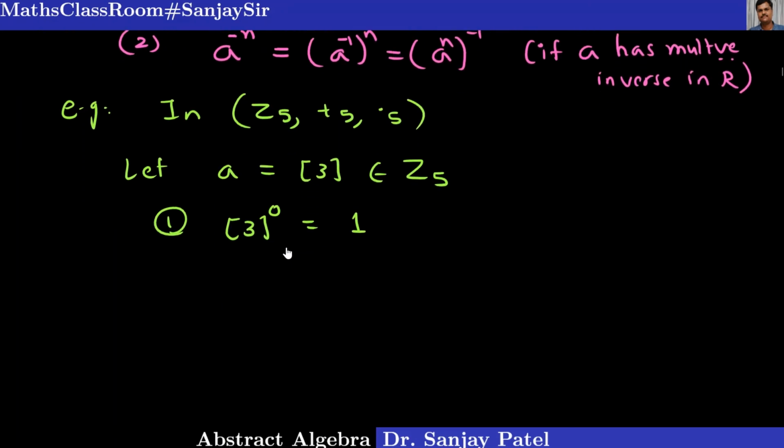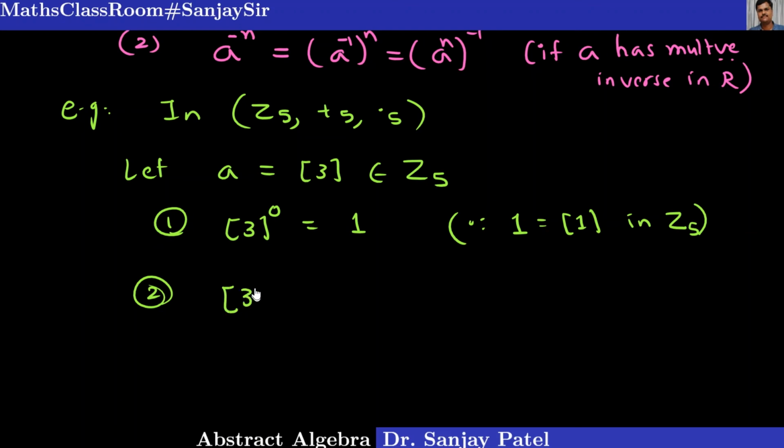Not only for this element, a raised to 0 is equal to 1 because the unity element, class 1, exists in Z5. And the second thing I want to say is, what is the meaning of class 3 raised to minus 2? This means 3 squared inverse. Remember, 3 is a unit in the ring. 3 is an invertible element. In fact, all nonzero elements in Z5 have multiplicative inverses, which we know very well.